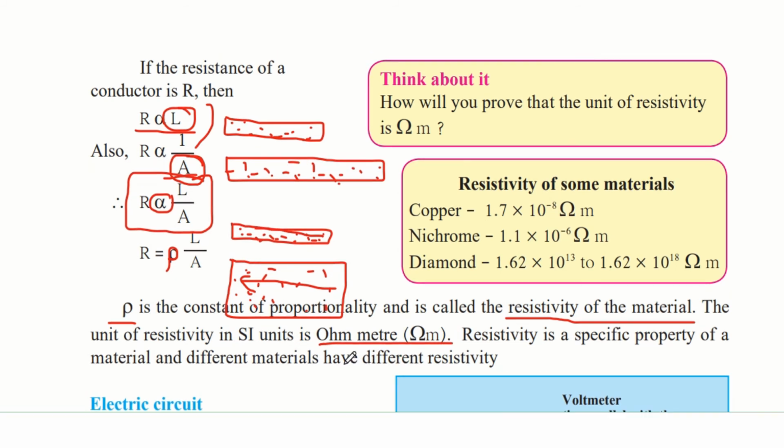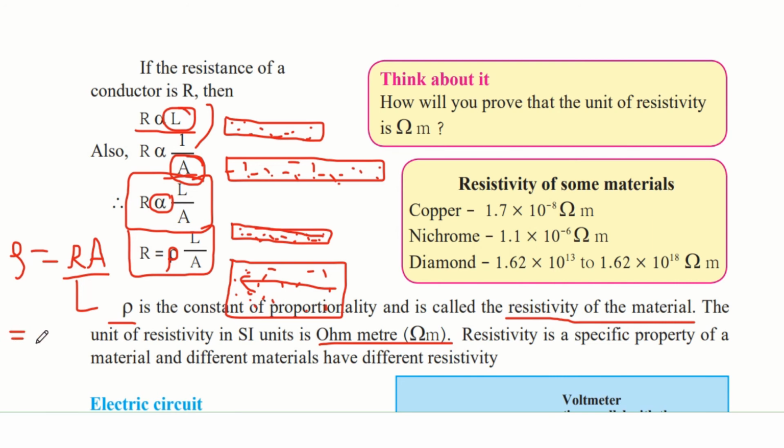So how did we get this ohm meter? Let us see. Now we know this formula, R is equal to rho L upon A. If we rearrange it, we get rho is equal to R into A, when we put A from this side of the equal sign to the other side, it will go in the numerator, upon L. Now let us write the units of each of these.